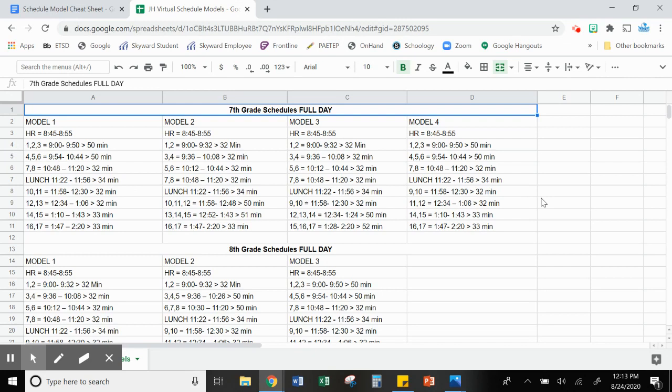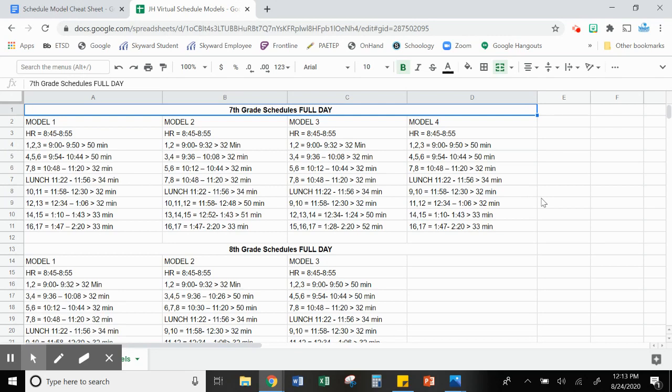Number one, lunch. Lunch will be from 11:22 to 11:56 for everybody this year, starting on Monday, August 31st, when we start our full day virtual schedule.